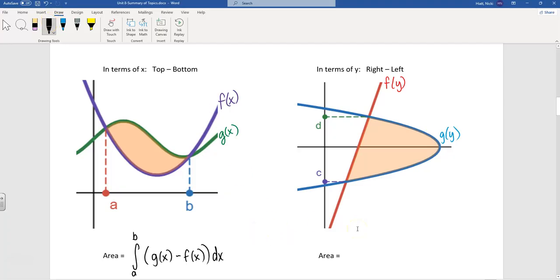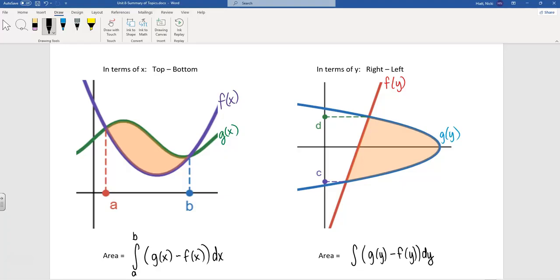So when you find this area, you're going to integrate the right, which is g of y, minus the left side, which is f of y, dy. All of your equations here have to have y's in them. It's like y squared plus 3 minus 2y minus 7 or something like that, right? Everything's y's right there.